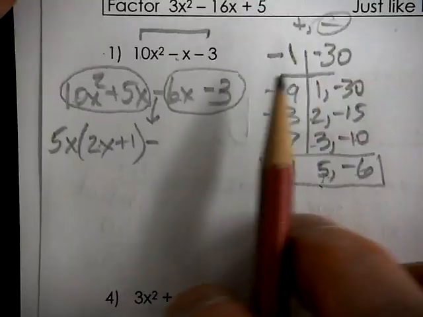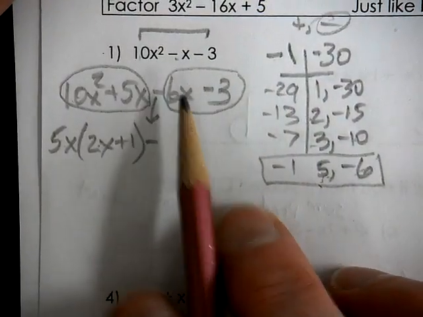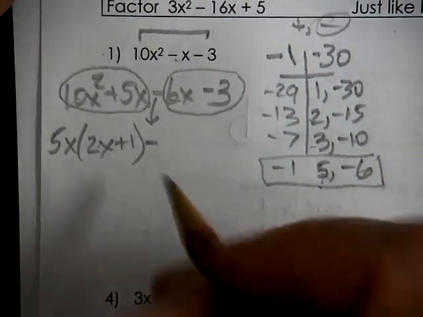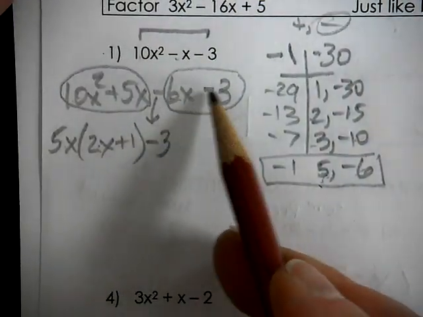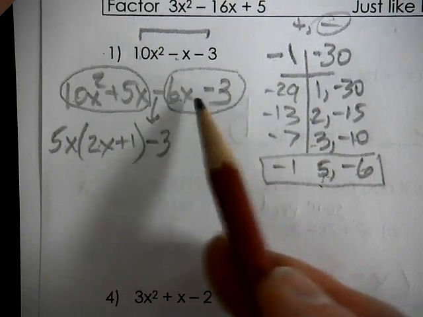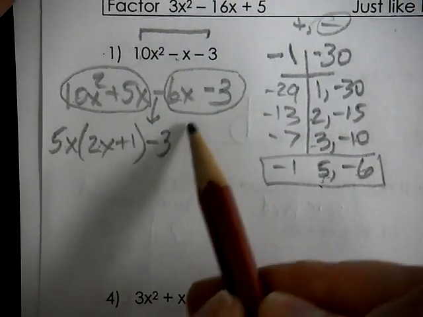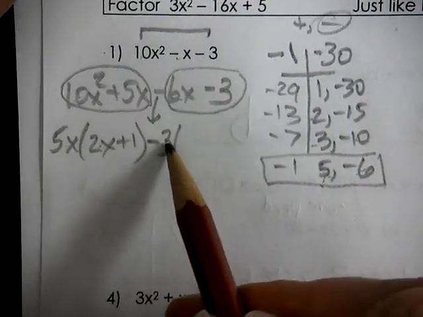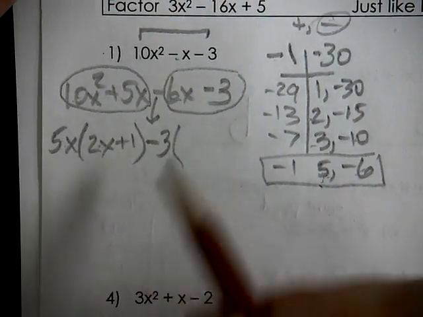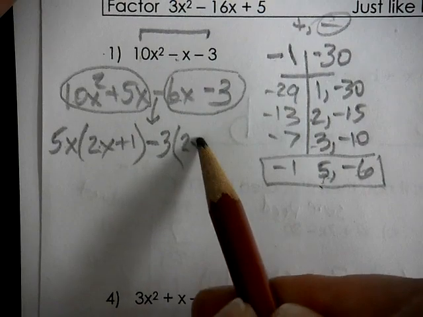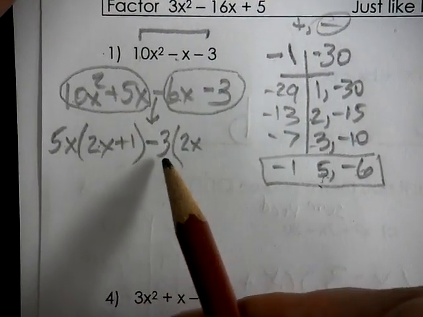Now, what can you factor out of 6 and 3? Is it going to be an x? No, because they don't both have x's. They will never both have x's. So if I do the negative 3 times what makes negative 6x? 2x makes negative 6x.